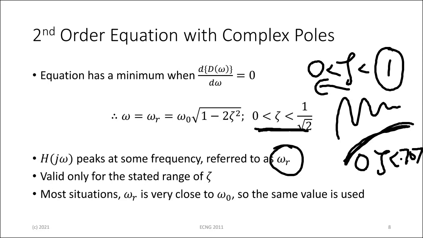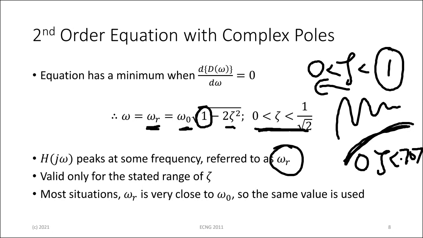And normally, because zeta is fairly small, it's fractional, between 0 and 0.707, so even 2 zeta squared is normally a bit less than 1. So when you take the difference and find the square root, omega r, for most intents and purposes, is fairly close to omega 0.